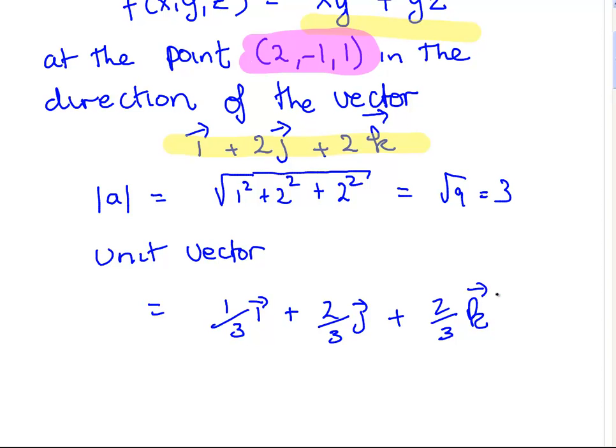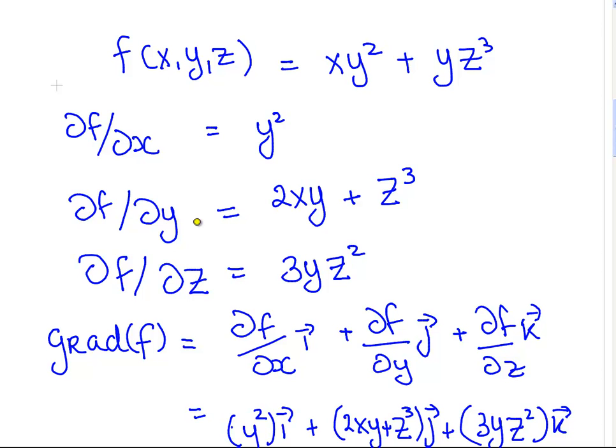That's the unit vector. Now, the directional derivative is the product of that and the evaluated gradient there.